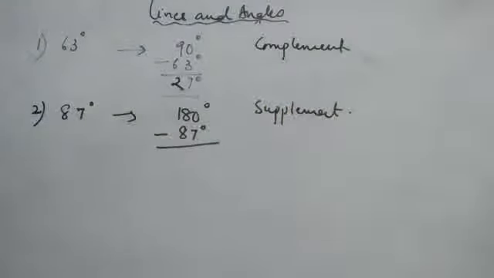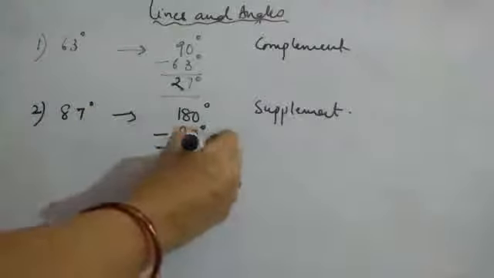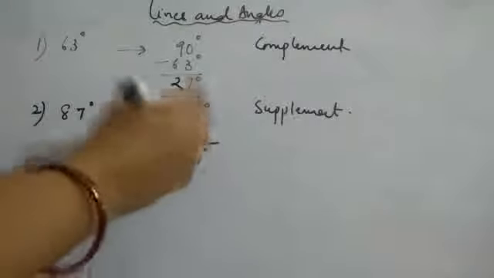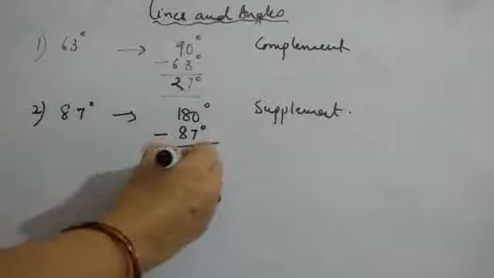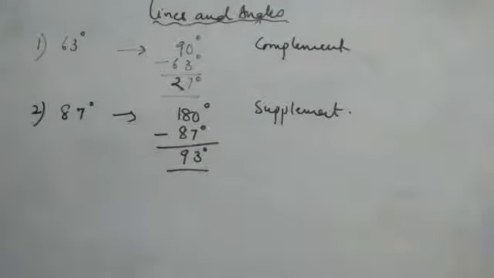So 10 minus 7 is again 3, and 17 minus 8 is 9. So 93 degrees is the supplement of 87 degrees.